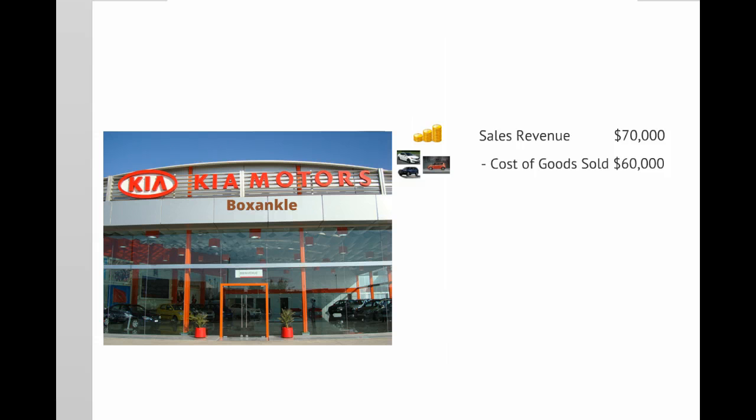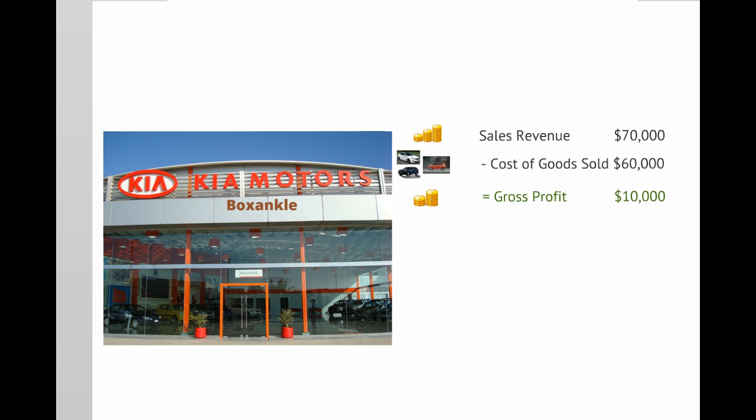So we subtract the cost of goods sold from the top line, and this is what's left over after they account for what the dealer paid for the cars, and that gives us gross profit. Gross profit is sales revenue minus cost of goods sold.